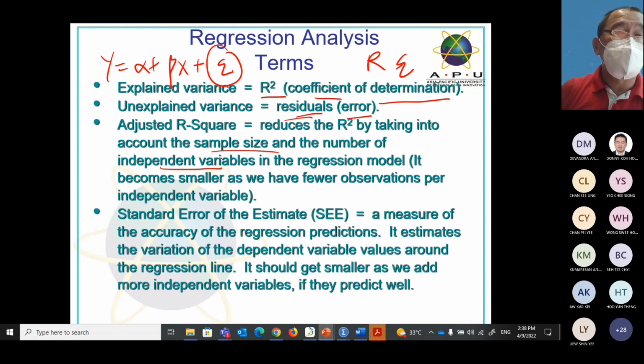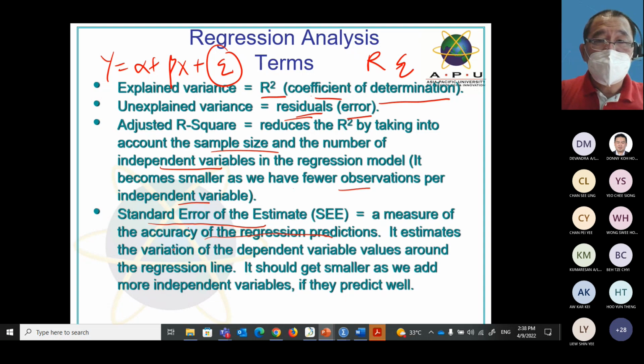It becomes smaller if you have fewer observations relative to independent variables; it's a ratio of the observations to the independent variables. This is not too important, but in general, smaller is better, because it is calculated based on the error. Smaller means smaller error, therefore accuracy will be higher.